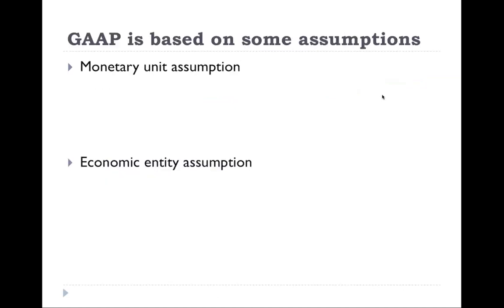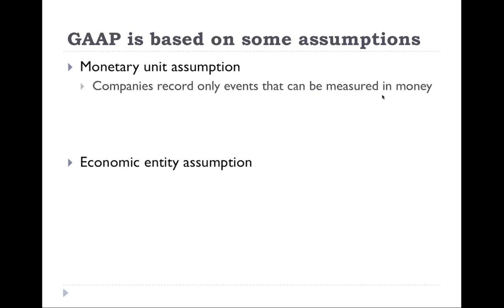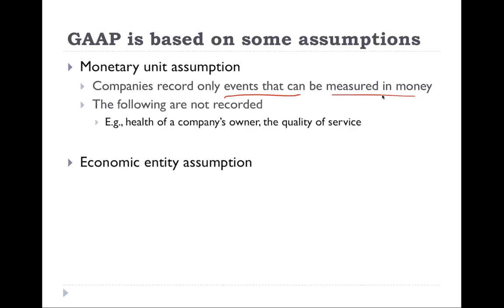And we have talked about those two measurement principles. GAAP is also based on some assumptions, and two of the most important assumptions are the monetary unit assumption and the economic entity assumption. What is the monetary unit assumption? The monetary unit assumption basically says that companies record only events that can be measured in money. So what does this mean?